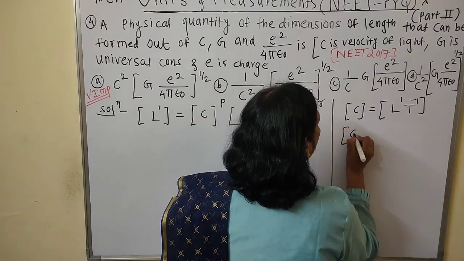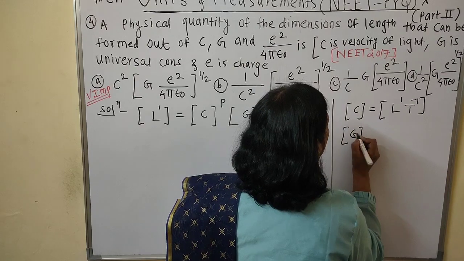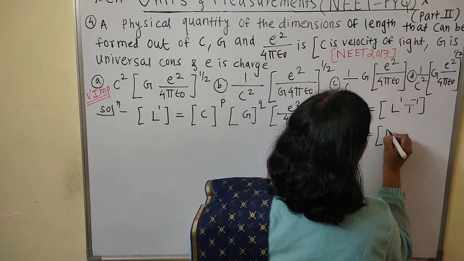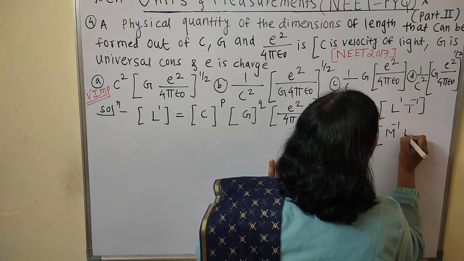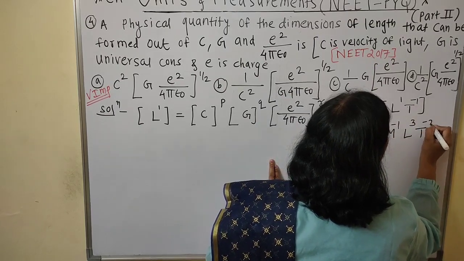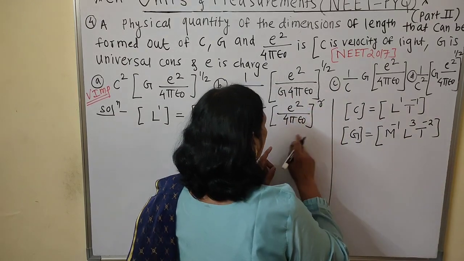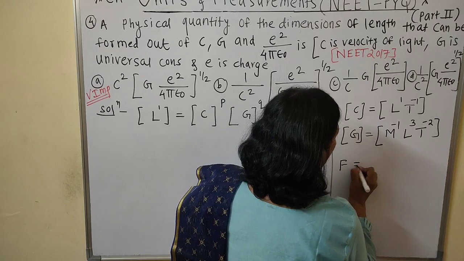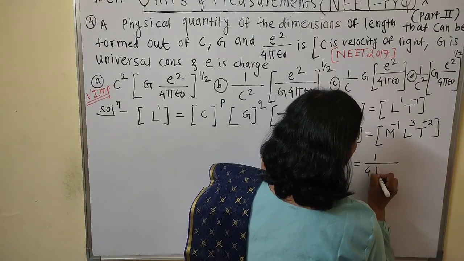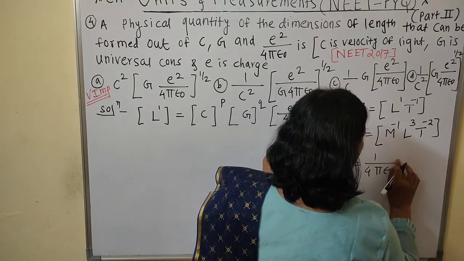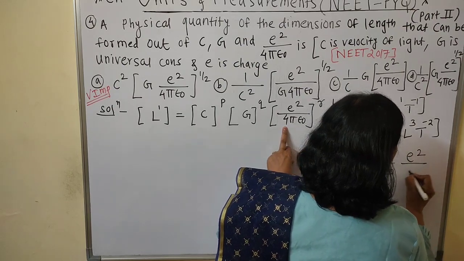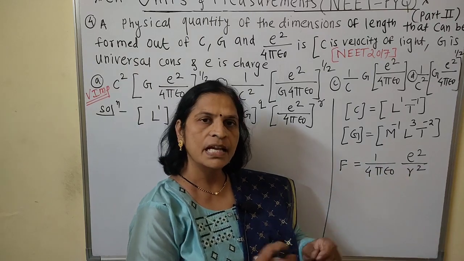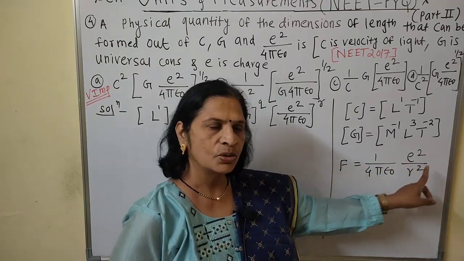We know that gravitational constant G has dimension m to the power minus 1, L cubed, T to the power minus 2. Now to find out the dimension of this quantity, we know that the electrostatic force is given by the formula 1 by 4 pi epsilon naught e square divided by r square. e is the charge and r is the distance between these two charges. Okay.